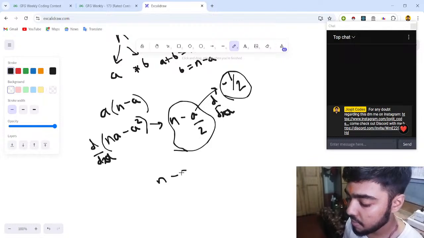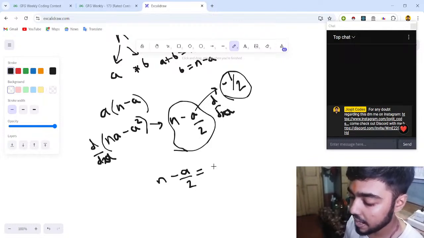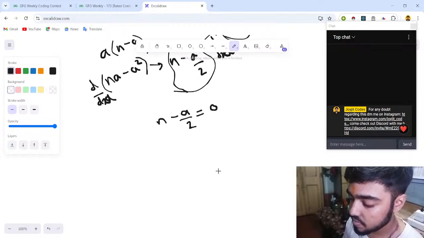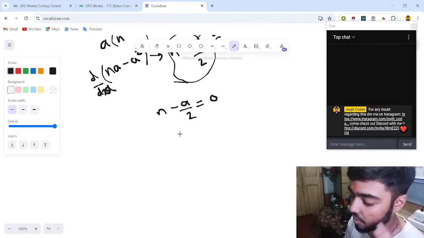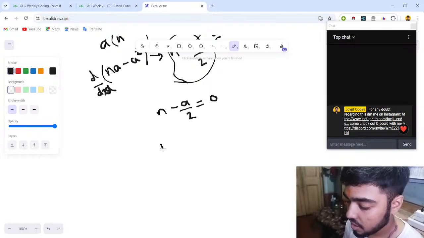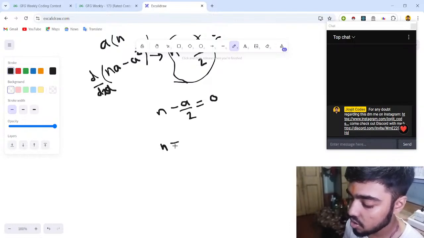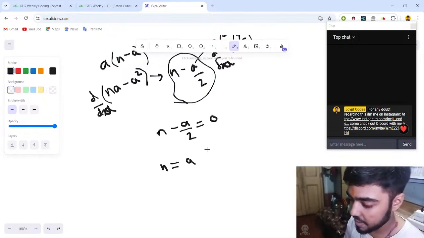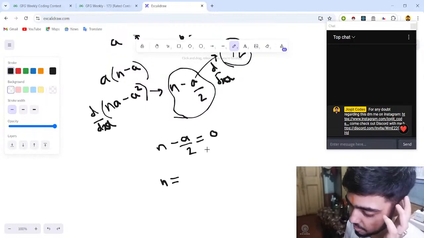N minus A by 2 is equal to 0 if we consider it as a maxima. We know this formula from basic knowledge of class 11 and 12, the derivation things, maxima and minima. Oh, I made a very big mistake.